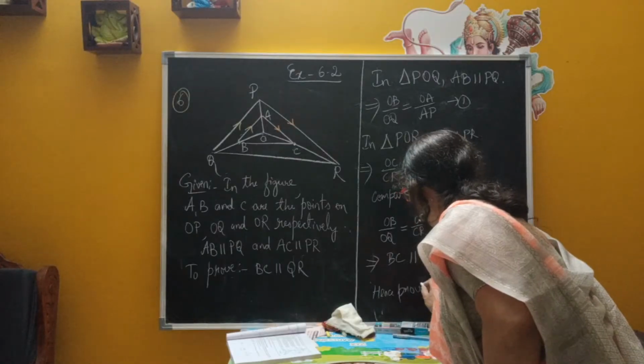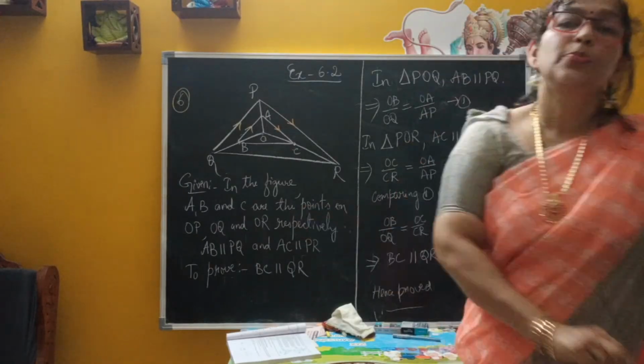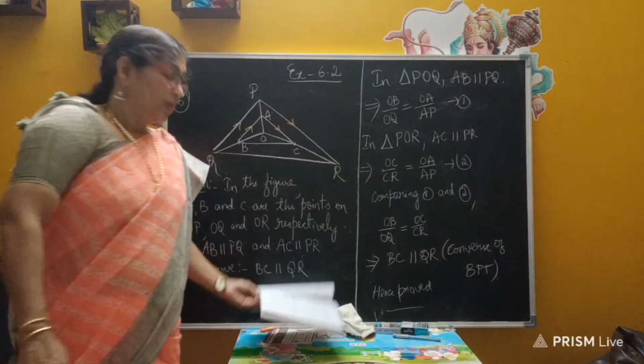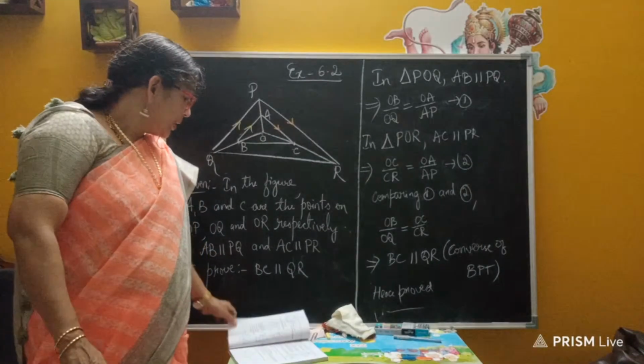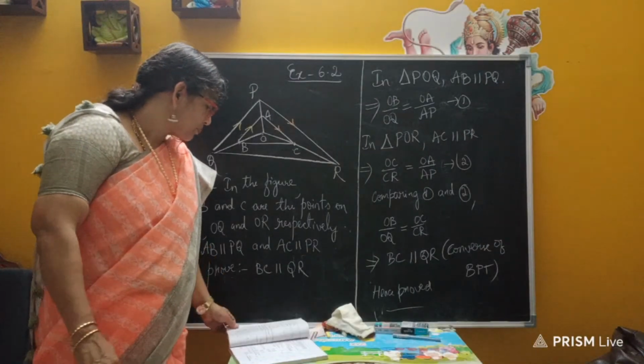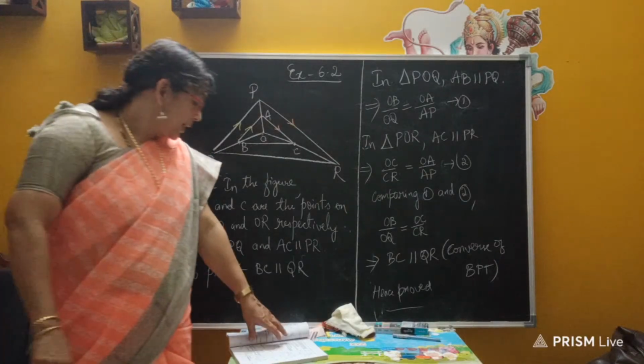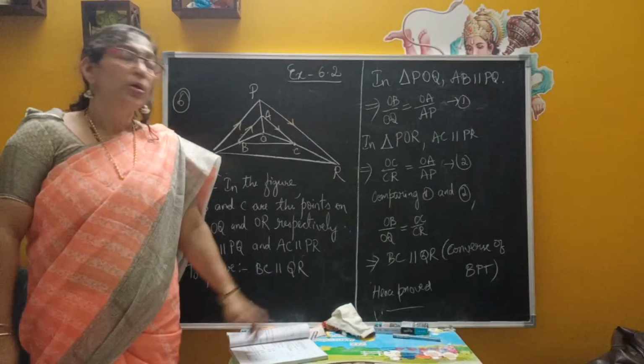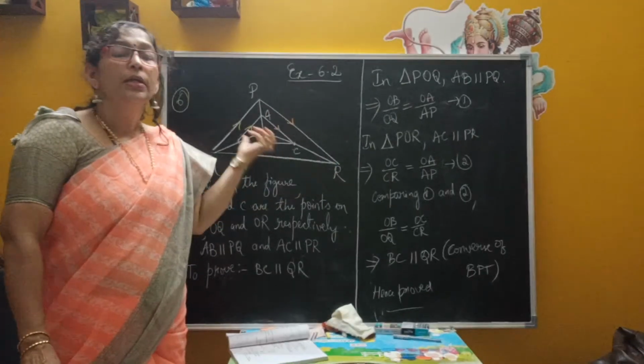What is the statement of the converse of BPT? If a line divides two sides of a triangle in the same ratio, the line is parallel to the third side.